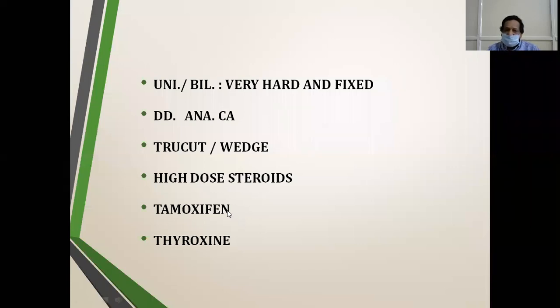Very interesting is tamoxifen, because it is an anti-estrogen and thyroid contains estrogen receptors; we are blocking them. This may be followed by thyroxine, because everything becomes fibrosed, the follicles, everything; there is little thyroid hormone production. So you give them thyroxine.